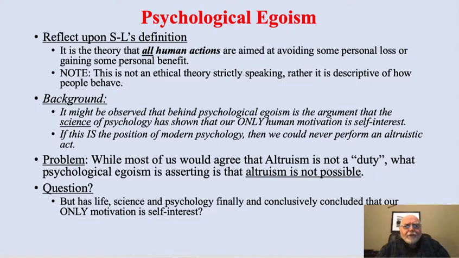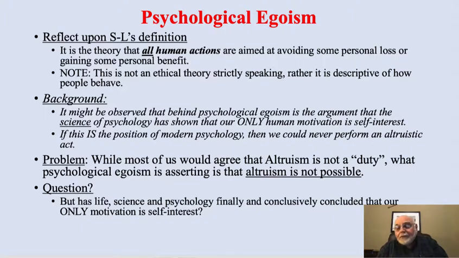And if we come back to this definition of psychological egoism, you can see that it is driven, I might say its background context is that science, particularly the science of psychology, has shown us that our only human motivation is self-interest.